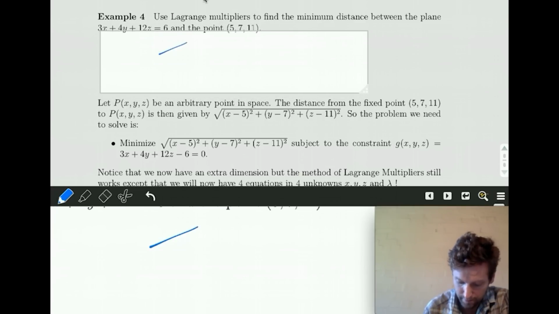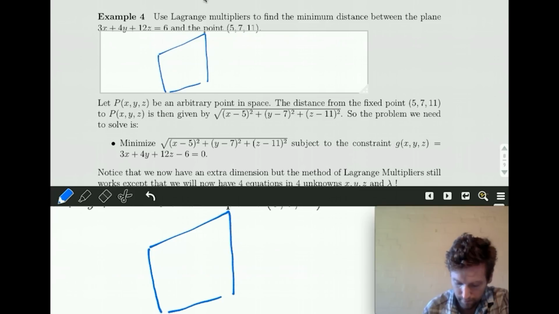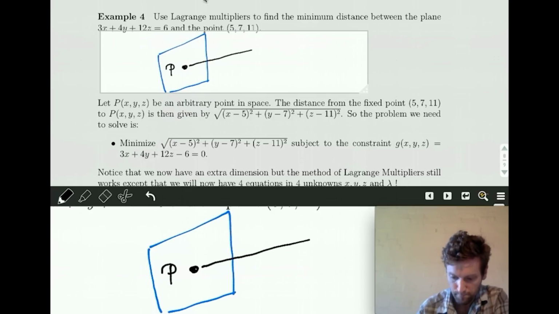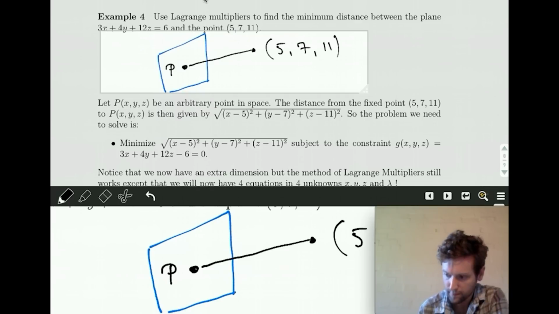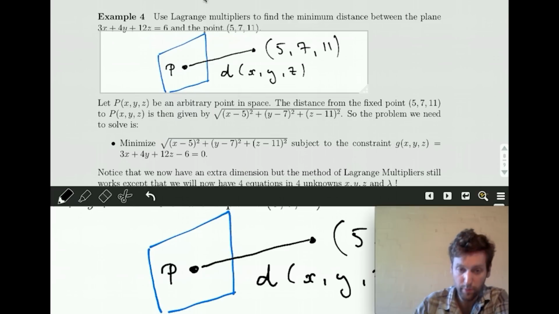I have my plane. I've got a point on that plane, let's call it P. I don't know exactly what that point is on that plane. And I have a point 5, 7, 11. I'm looking for the values of x, y, and z that give me the smallest distance d between the point P and 5, 7, 11.